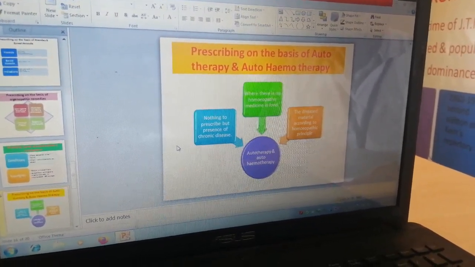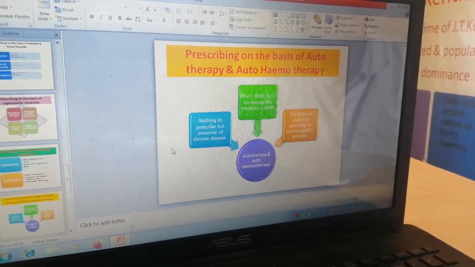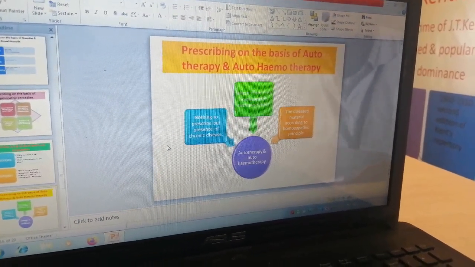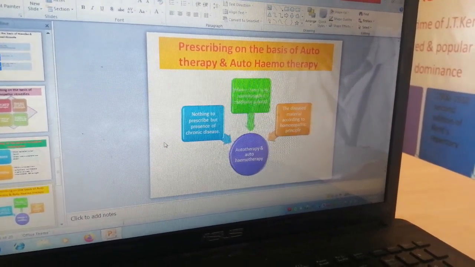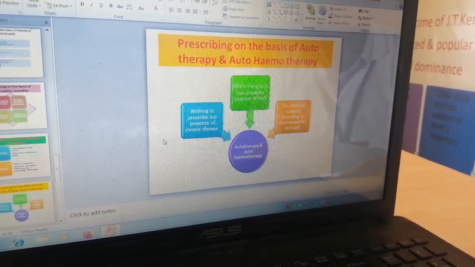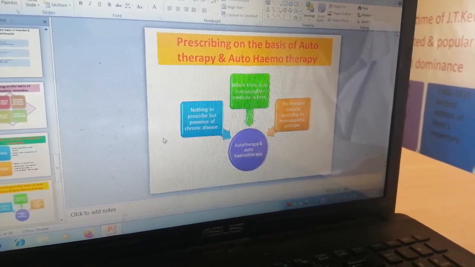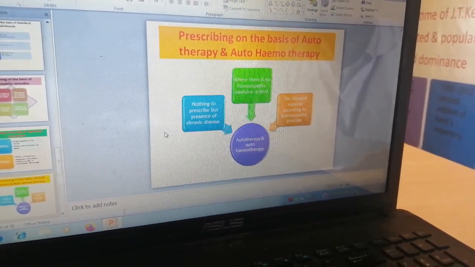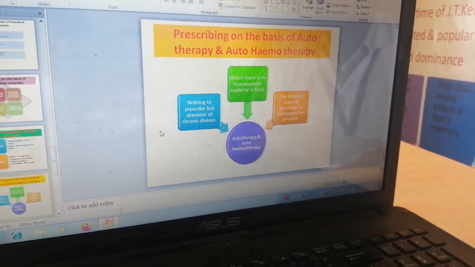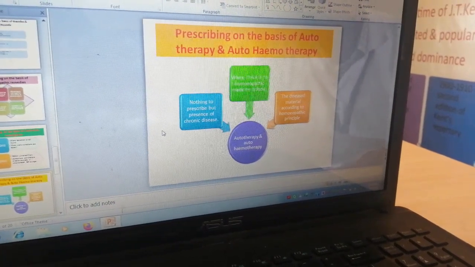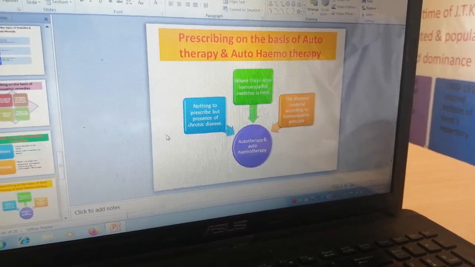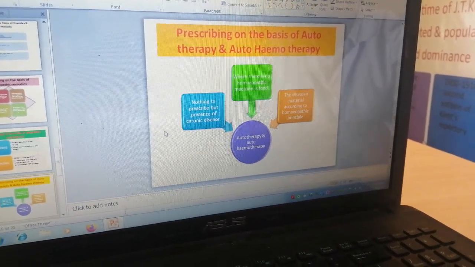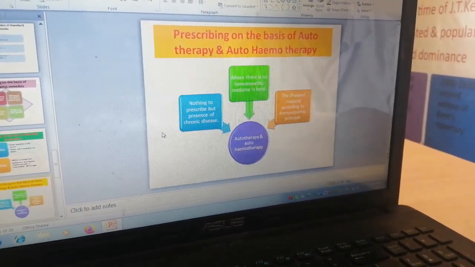If sometimes no homeopathic medicine is found, in such cases we have to take the disease material from the body of the patient, like urine or blood, and that material is potentized according to the homeopathic principle. That is nothing but autotherapy or autohemotherapy.